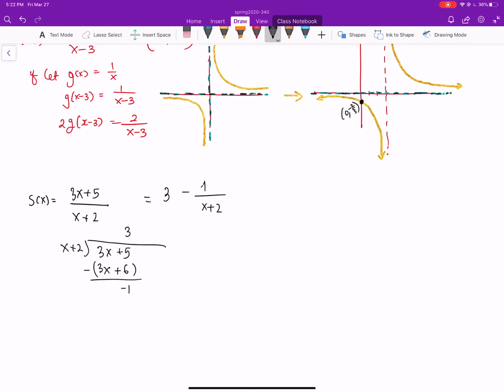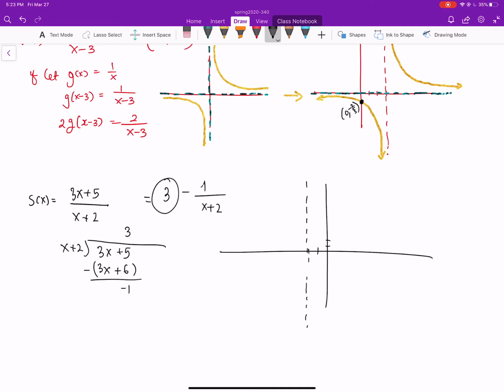So when I look at this, can you figure out where the transformation is coming from? It looks like it's a transformation of 1 over x that was shifted to the left by 2, reflected, and then moved up by 3. So I'm going to shift to the left by 2. So that's 1, 2. I'm going to move up by 3.